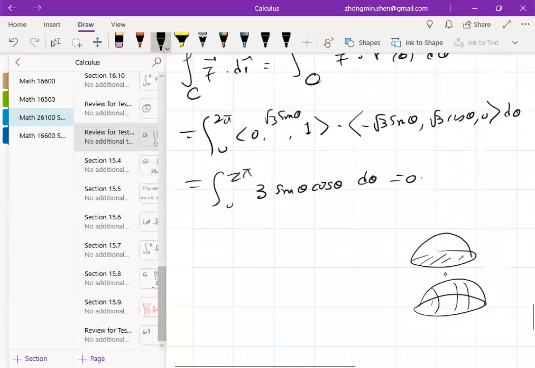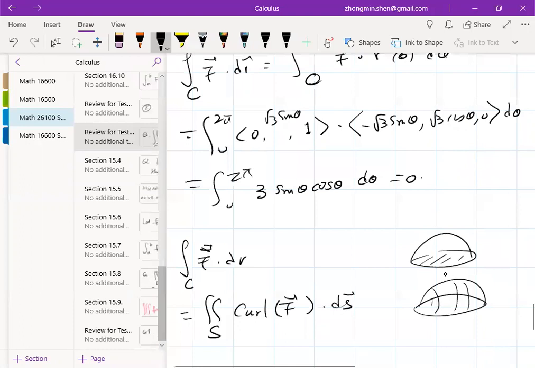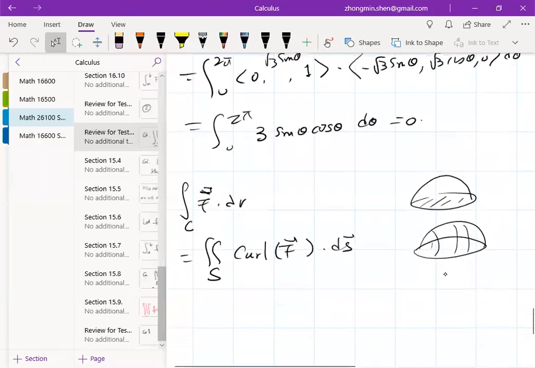In that case, you can compute it using the Stokes theorem, because this is the integral over C of f dot dr. It's going to be the surface integral of the curl of the vector field dS. And I prefer to use the disk, because for the disk, I know the normal vector is just k.